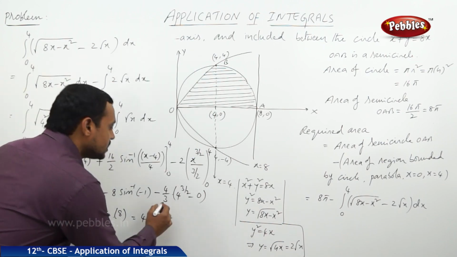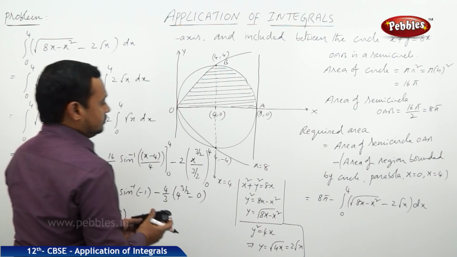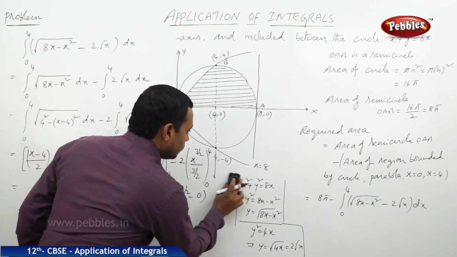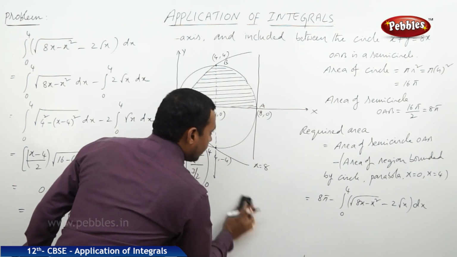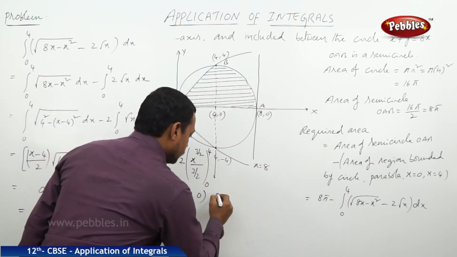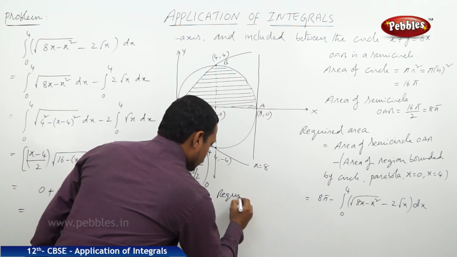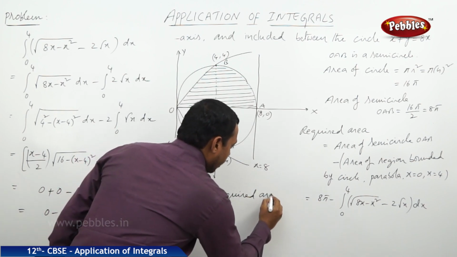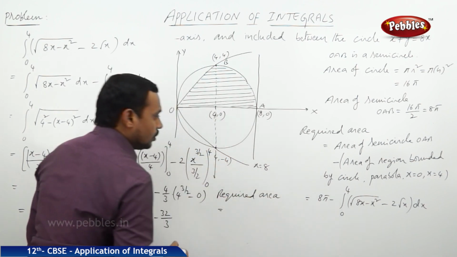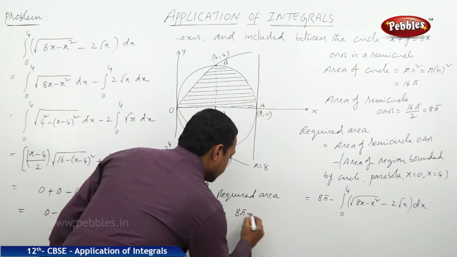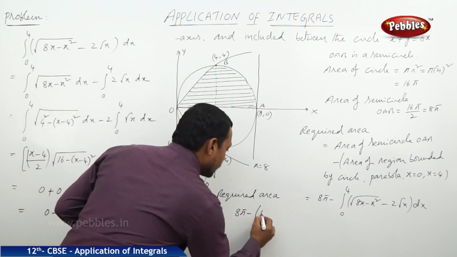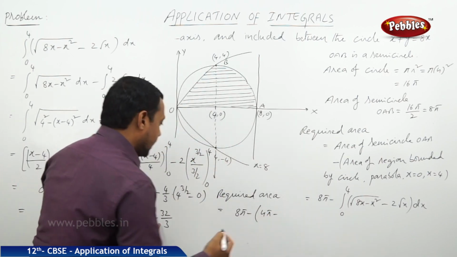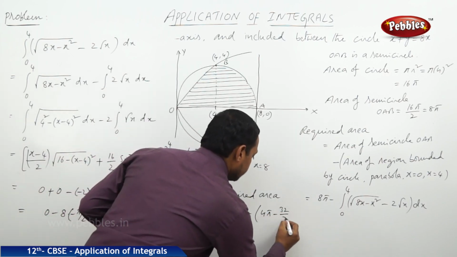Now substitute this entire value there. So finally, I will write here, the required area is equal to 8 pi minus, now this integral value is already calculated, that is 4 pi minus 32 by 3.